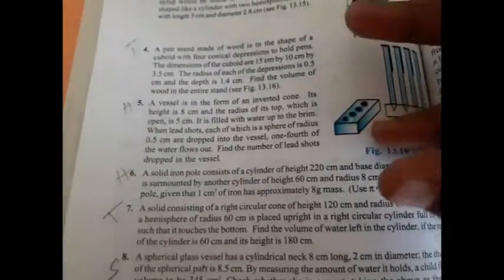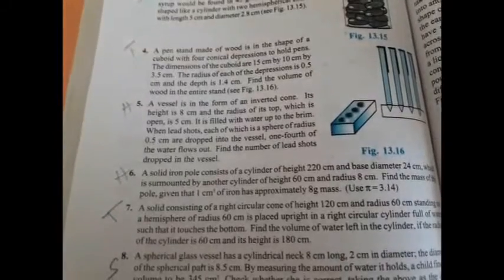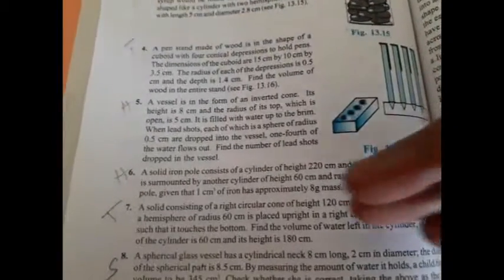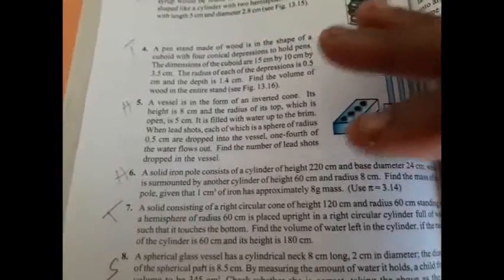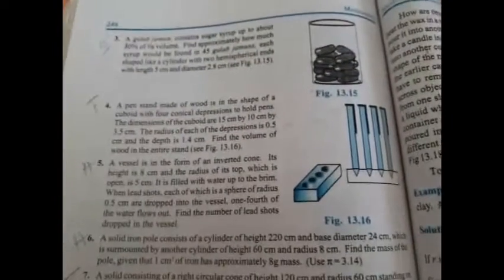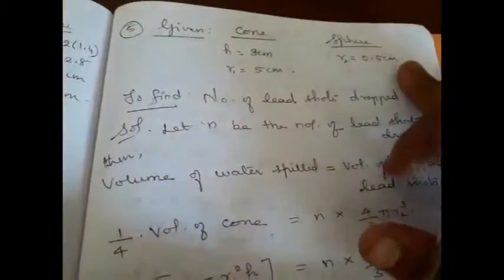When they place lead shots, 1/4 of the water is flowing out of the cone. So they asked you to find how many lead shots are being dropped into the vessel, right? The lead shots are in the shape of a sphere, which is also given in the question. So 2 shapes are involved in the question. One is cone, the other one is sphere, right? Both the measurements are directly given.